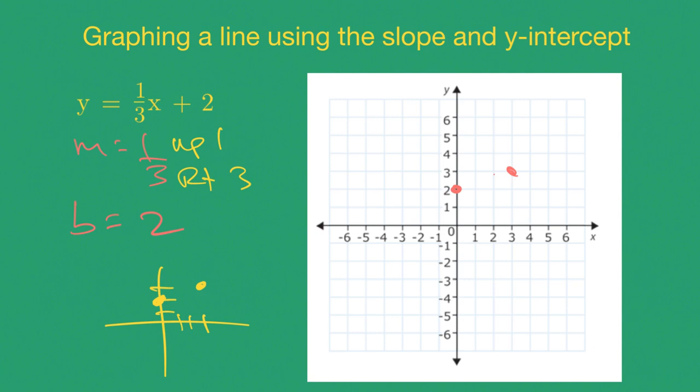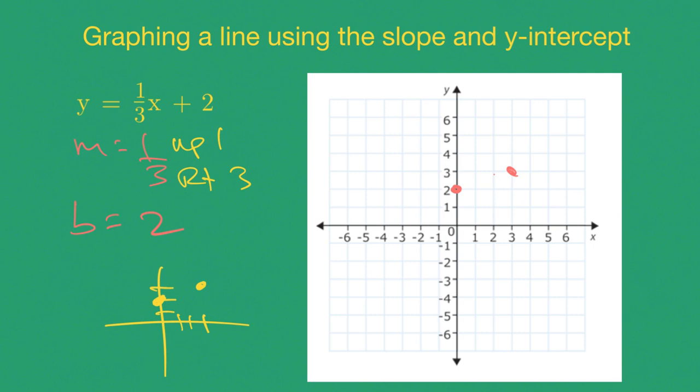That's why the y-intercept must be on the graph first, because that's where we know to rise and run from. If that y-intercept's not there, it's like, where do I rise and run from? Where do I go up and over from? That y-intercept provides that reference point for us.